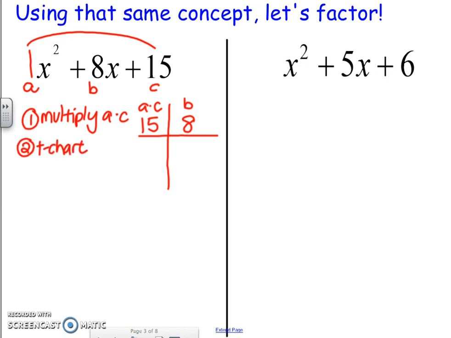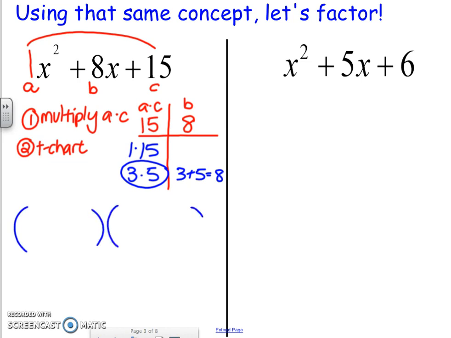So I'm going to list all the factors of 15. So I know 1 times 15, and then 3 times 5. And I'm going to see which one of those will add to get me an 8. And I know, looking at this right here, that 3 plus 5 is going to give me 8, okay? So once you find your answers in the t-chart, all you're going to do is write 2 parentheses.